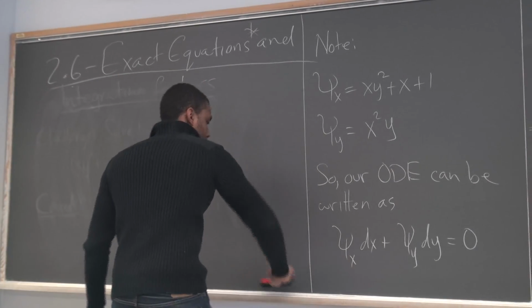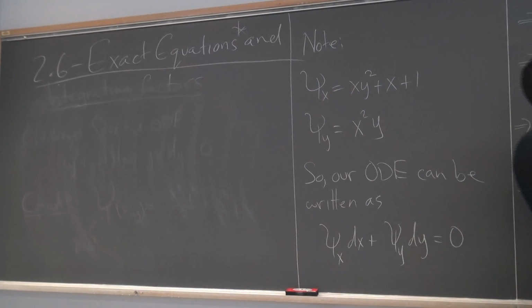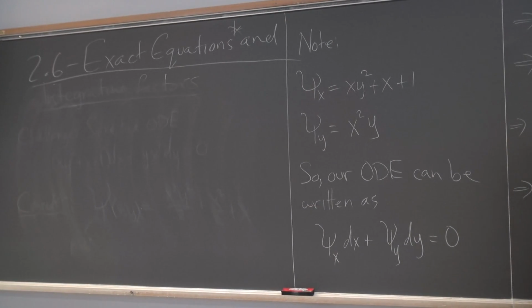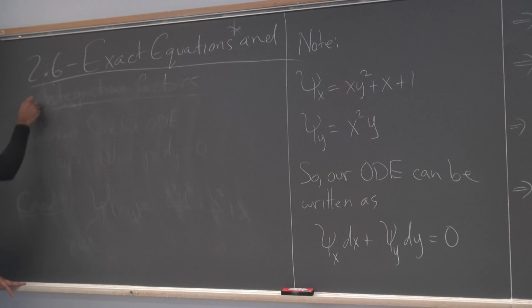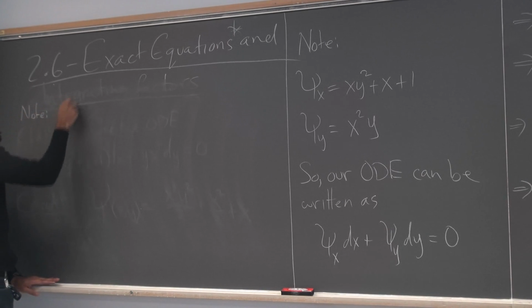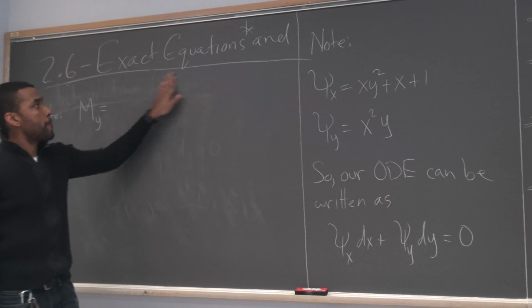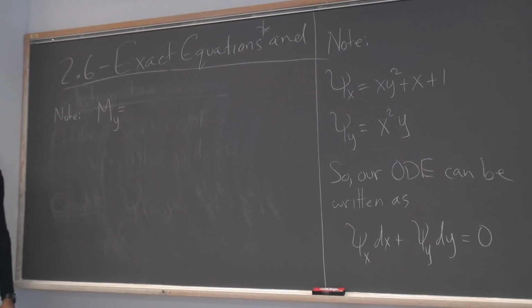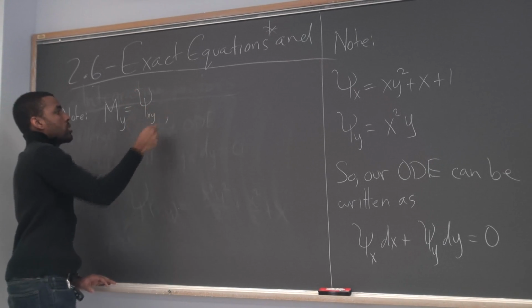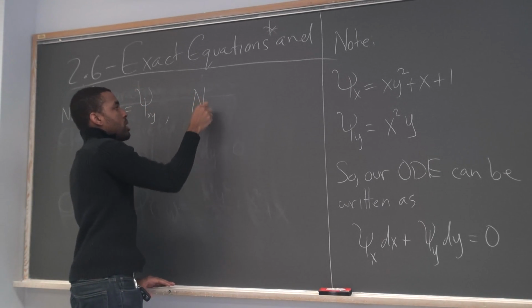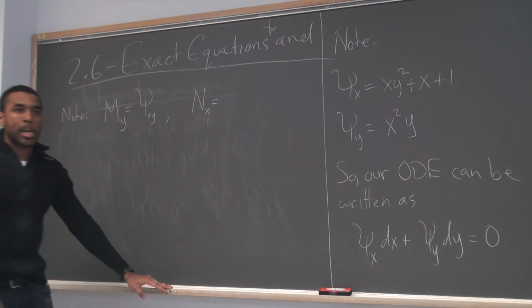Okay, so let's pretend that this happens. How do we know it will happen? What if I take the partial of M with respect to y? What would I get in terms of psi? Psi xy. And what if I take the partial of N with respect to x? What do I get?